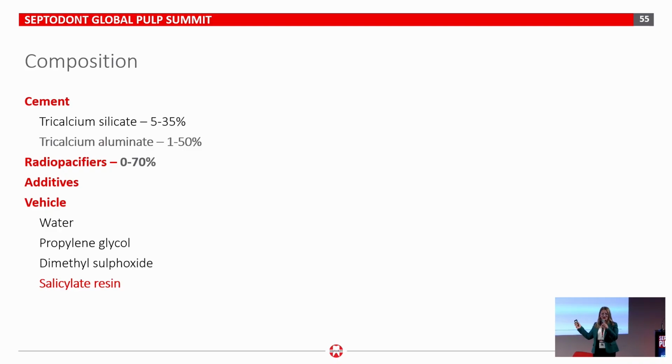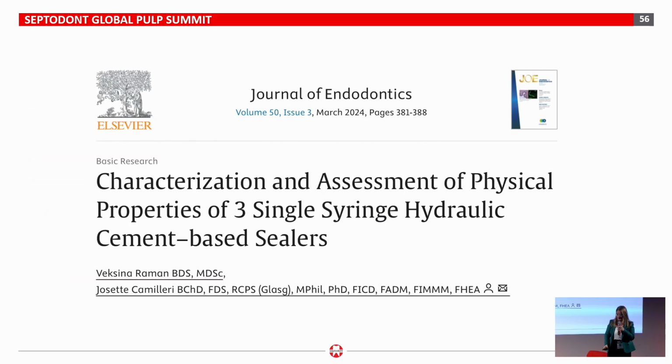Do you think that it is comparable to have a material which is 5% cement only to a material which is 35%? Tricalcium aluminate, 50%. That's crazy. It is not a silicate. You cannot claim the same properties. Radiopacifiers, up to 70%. You do see it on the radiograph if you have 70%. The additives varied a lot. The vehicle varied a lot. And some materials have salicylate resin.